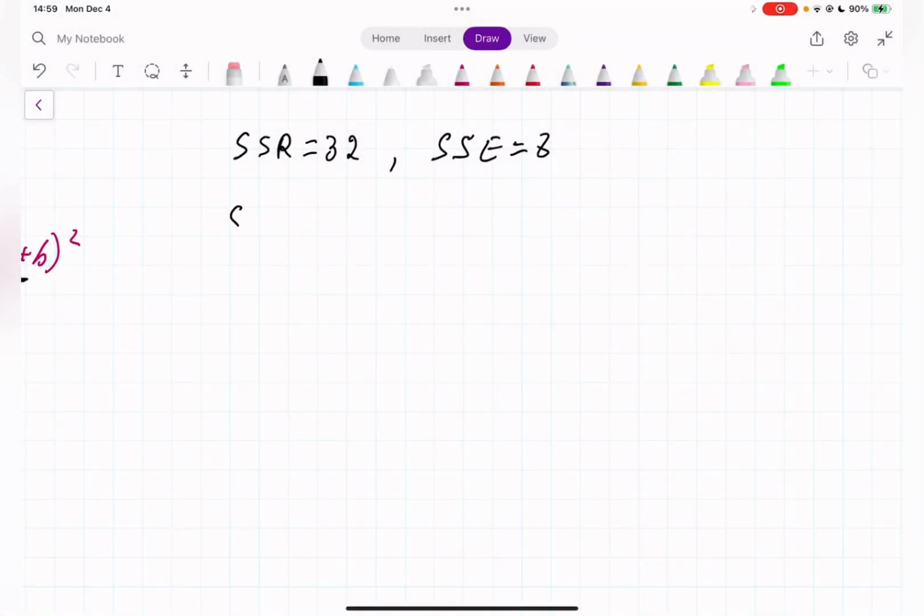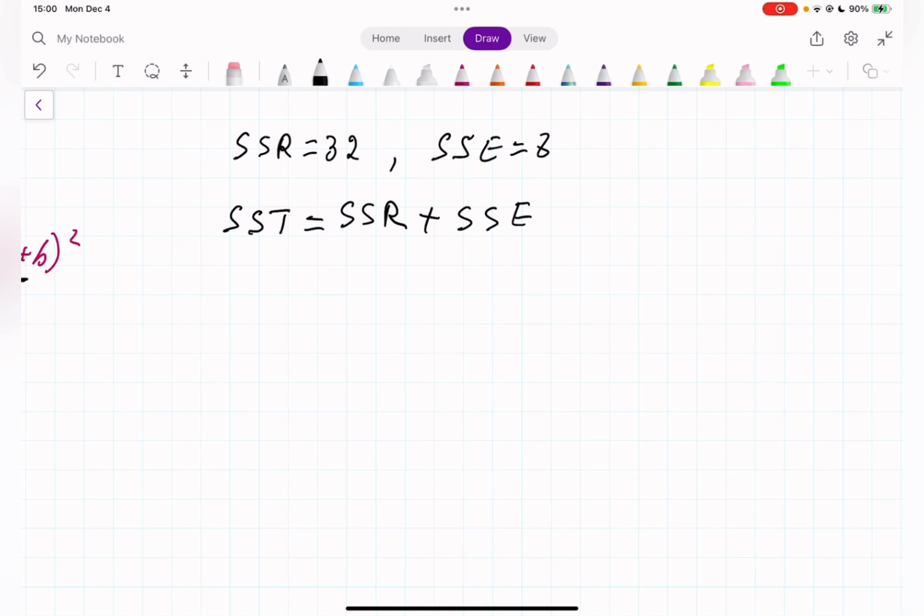So SST, the total sum of squares, is equal to SSR, to remind you, SSR is the regression sum of squares, plus SSE, and SSE is the error sum of squares.